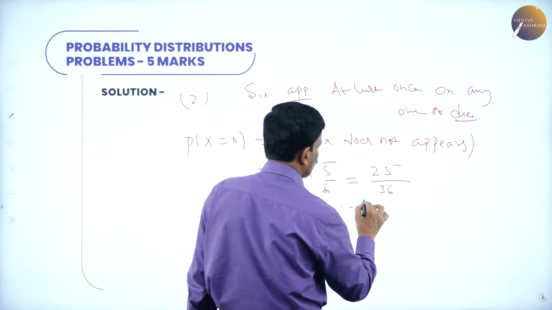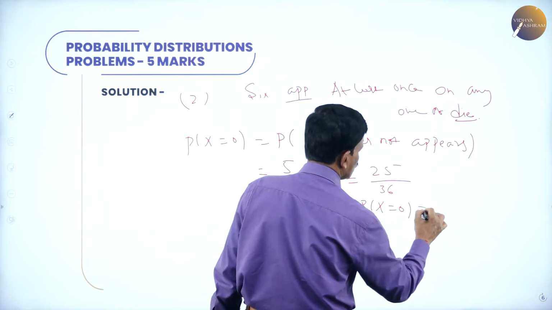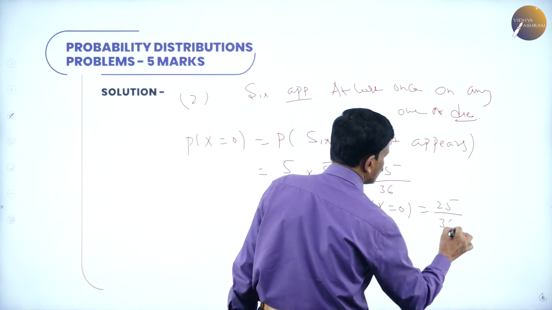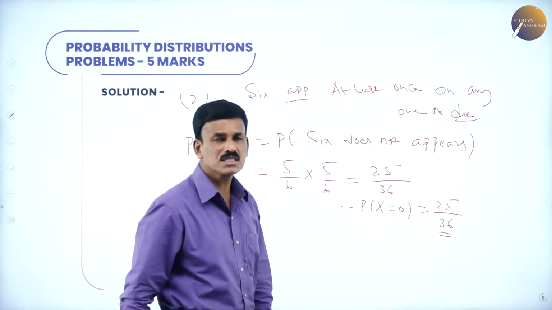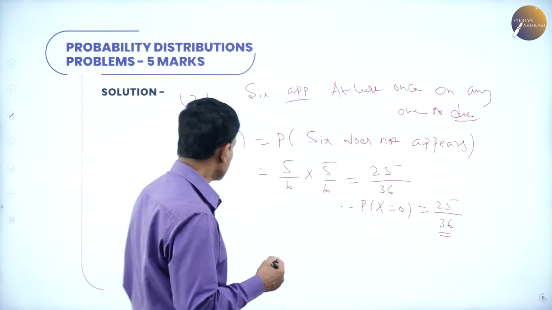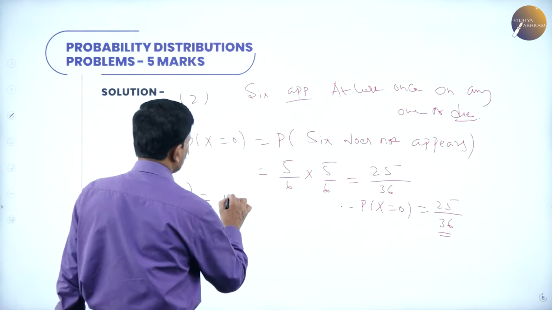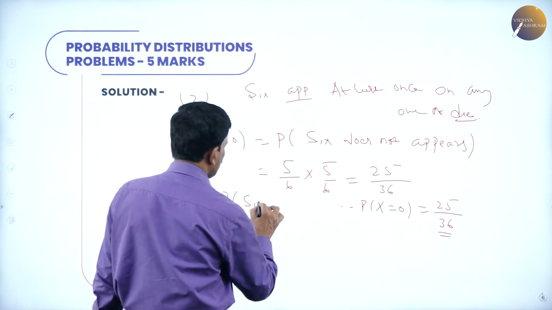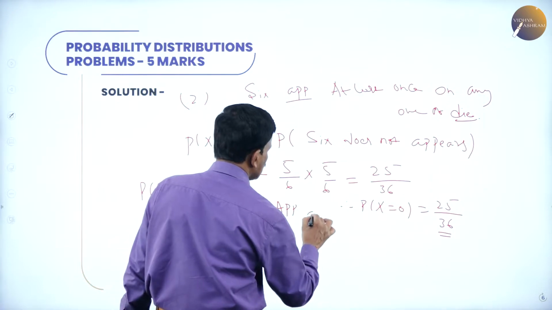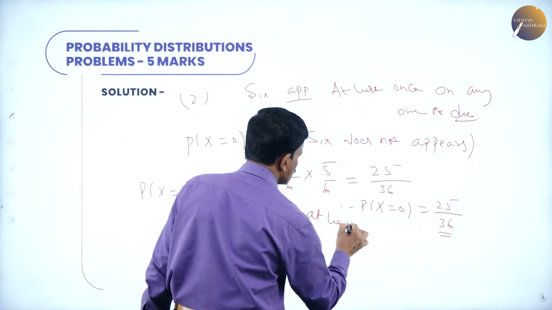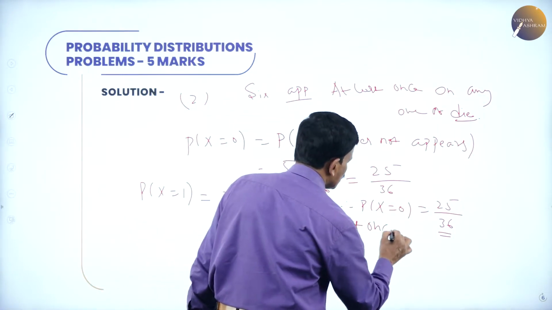So therefore probability of x is equal to 0 is 25 divided by 36 is the first case. Okay. Now come to the second part. Probability of x is equal to 1. That means probability of 6 appears at least once on the die.